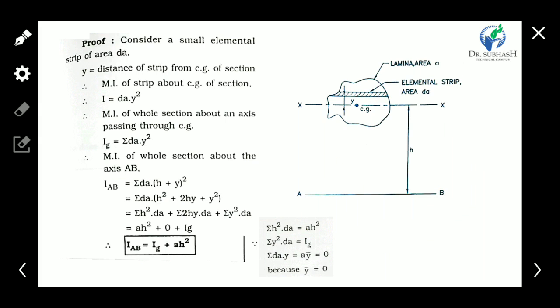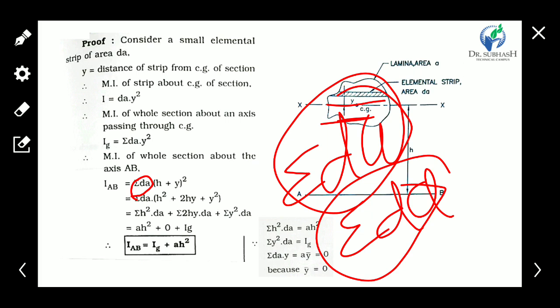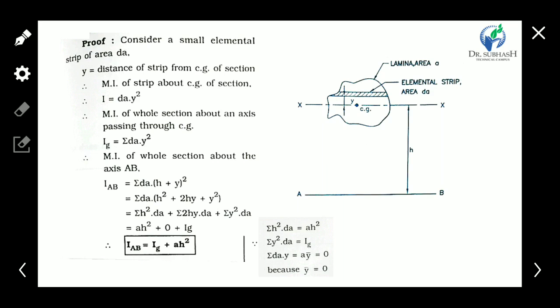According to the basic equation of inertia, the total area is defined by the summation of small dA strips. We assume that this area is divided into small strips of dA. So the total area is a summation of all dA strips into distance square. What is the total distance? H plus y. So (h plus y) square.